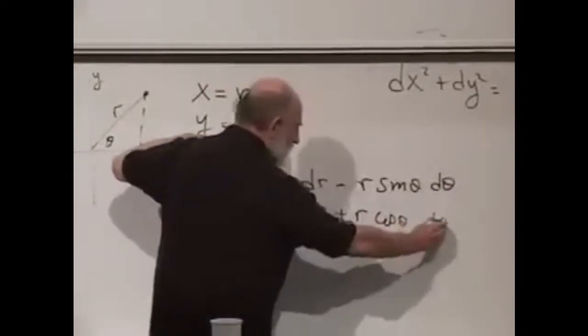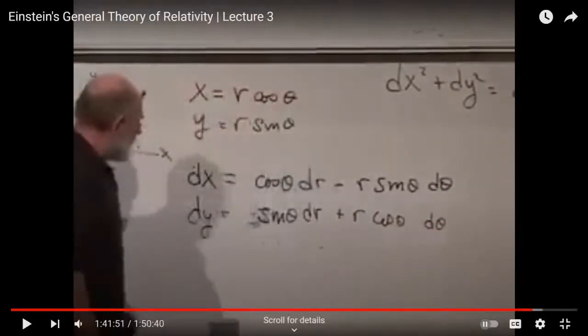Can you explain why? You didn't write out the rule. It's basically the chain rule, right? So you're modifying r and theta simultaneously, so there has to be a dr component and a d theta component.